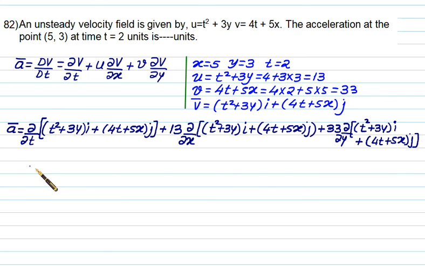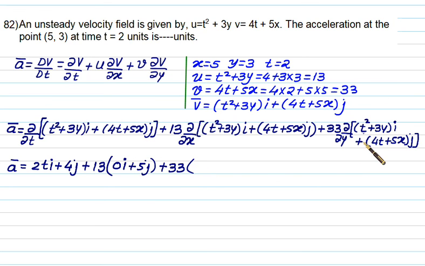Let's solve this. We have the acceleration vector a bar equal to the partial derivative of t², which equals 2t i. The t derivative of 3y with respect to t is 0. The partial derivative of 4t will be equal to 4, so we have 4j. Then we have 13 into the partial derivative of t² with respect to x, which is 0, and of 3y, which is 0, so we have 0i. Derivative of 4t with respect to x is 0. Derivative of 5x is 5, so we have 5j, plus we have 33.